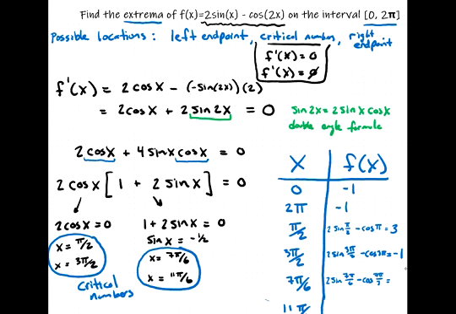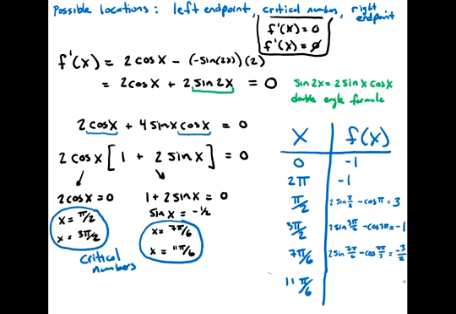And 7 pi over 3 is the same as pi over 3. And the cosine of pi over 3 is 1/2. So when we plug in 7 pi over 6, we get negative 3 over 2.